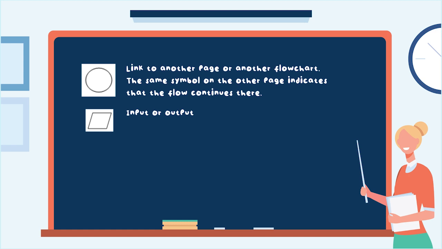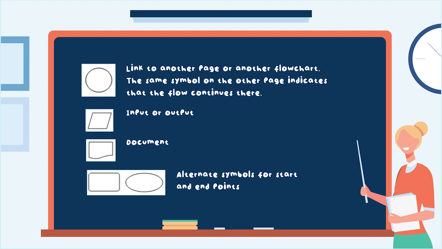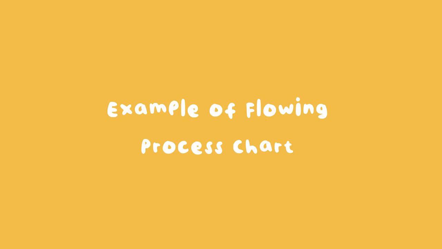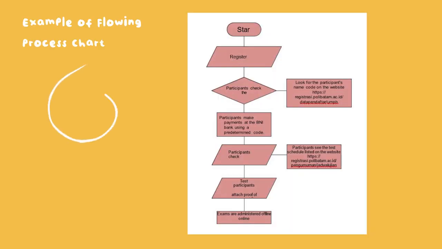Input or output. Picture 7. Document. Picture 8. Alternate symbols for start and end point. Here is an example of a flow process chart.